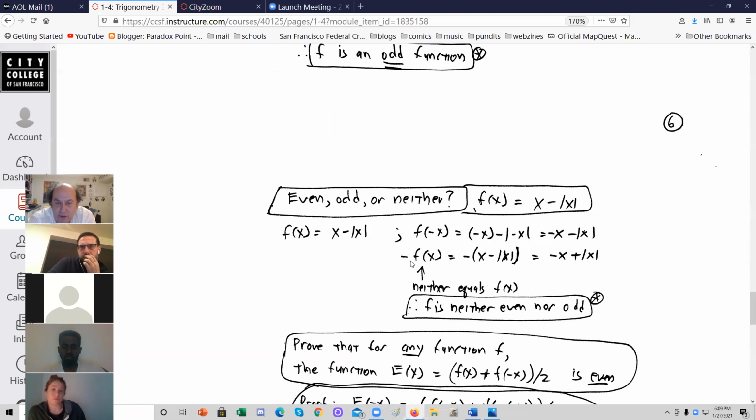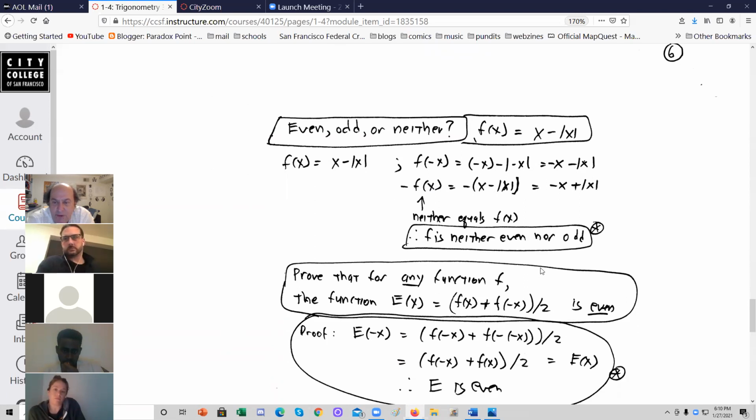Now let's look at negative f of x. Well, it would be the opposite of x minus absolute value of x, which is minus x plus absolute value of x. Again, not the same as this. So it's not an odd function either. These aren't equal and these aren't equal. So it's neither even nor odd.